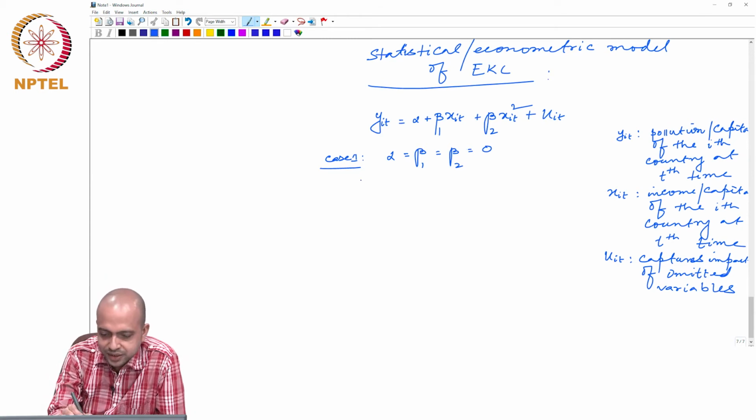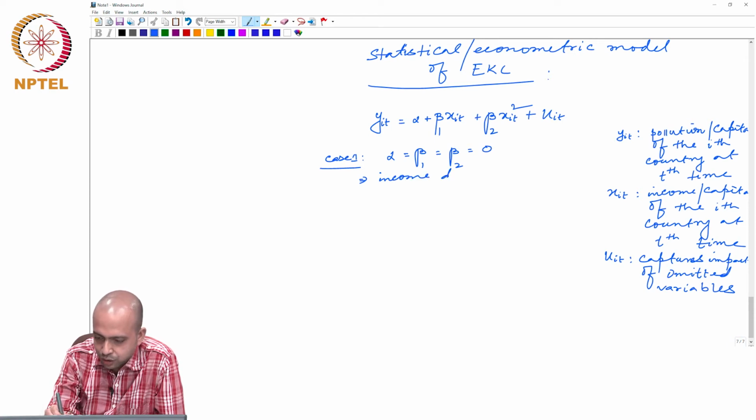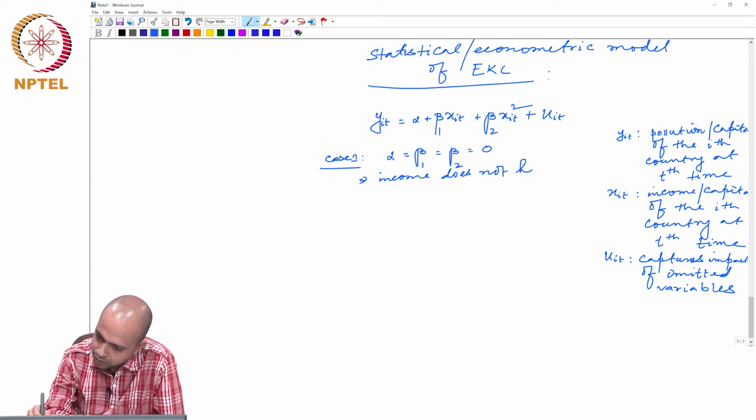If that is the case, then we will say that income does not have any impact on environmental quality.